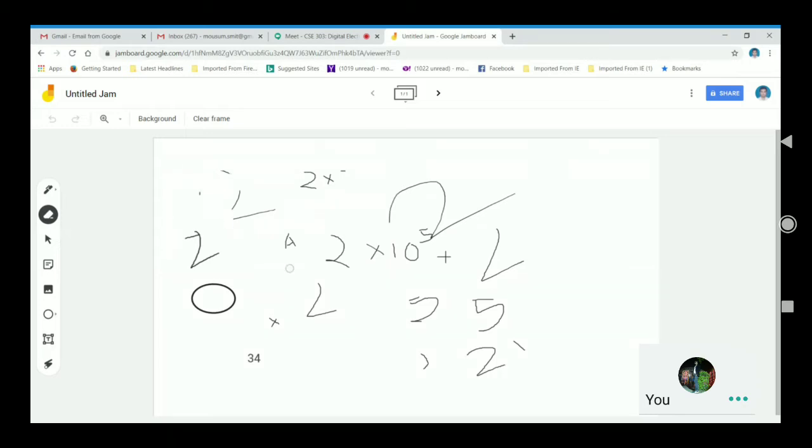So this particular screen is coming. Yes, sir. Is the screen coming or not? Yes, sir.